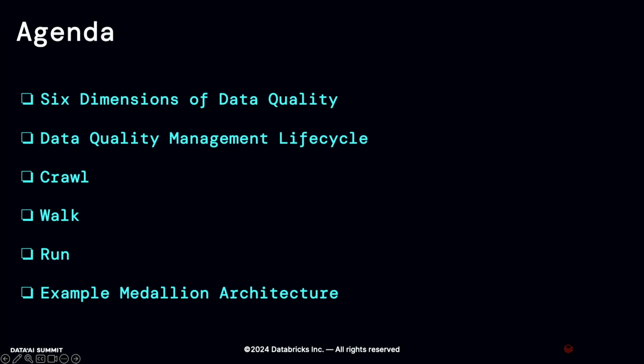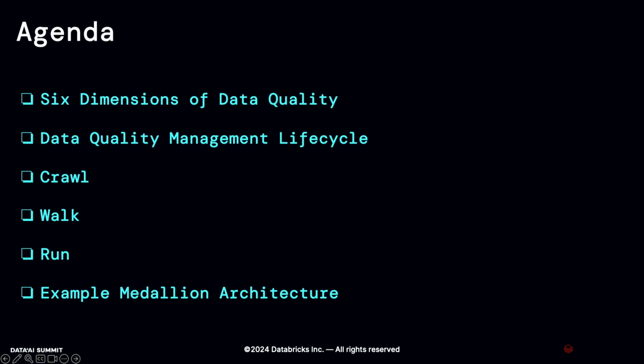Right, so this is today's agenda. You'll notice that we're not talking to you about why data quality is important. You already know that, otherwise you wouldn't choose to spend your first session of Summit with us, so thank you very much for that. We'll start with the 6 dimensions of data quality, what makes good data, and then we'll talk about the data quality lifecycle management.